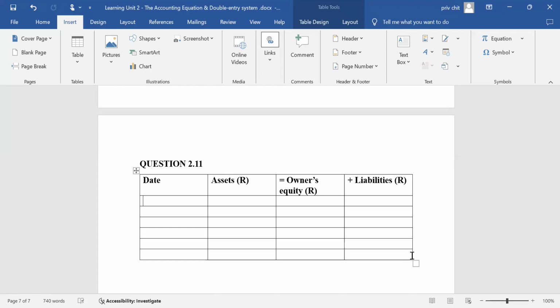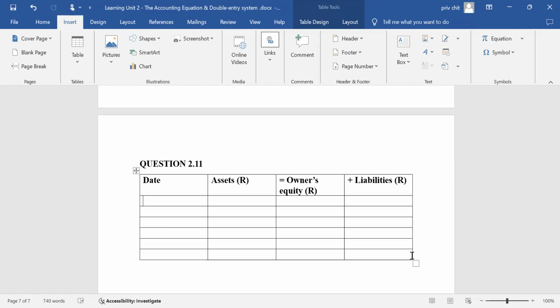Example: received a capital contribution of 100,000 in the form of cash. Notice, what do they want you to show? Whether it's going to be plus or minus on equity, assets, liability, and also indicating what account will be debited, what account will be credited. Do you see that?